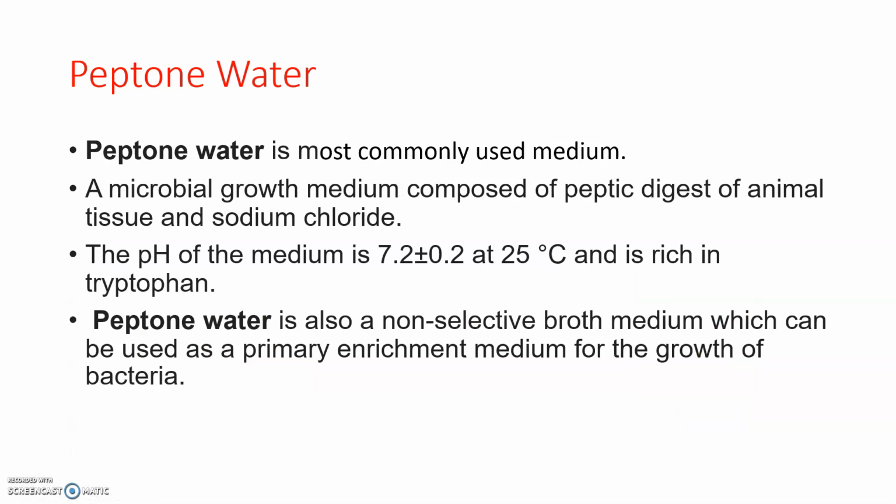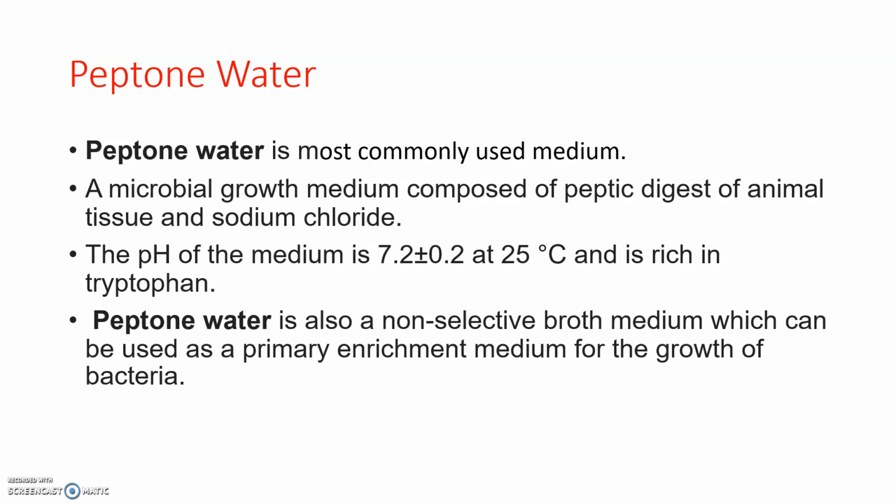Next is peptone water. Peptone water is the most commonly used media because in our laboratory, for every test we perform, first of all we inoculate the required microorganism in the peptone water and then we do every further test. So peptone water is the most commonly used medium.